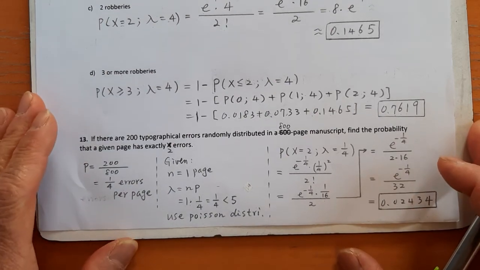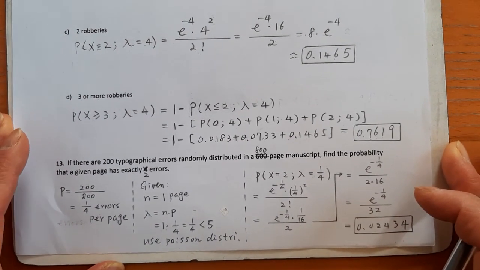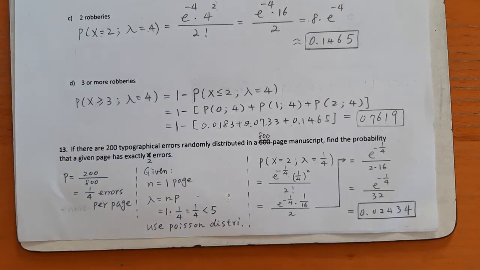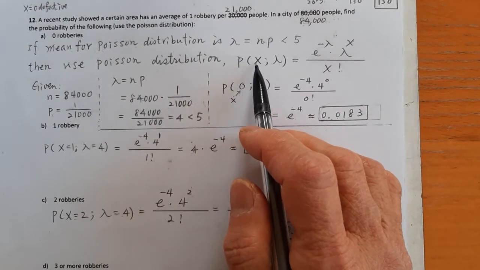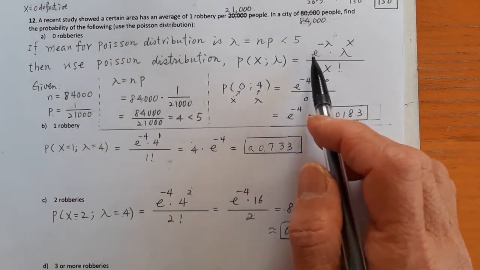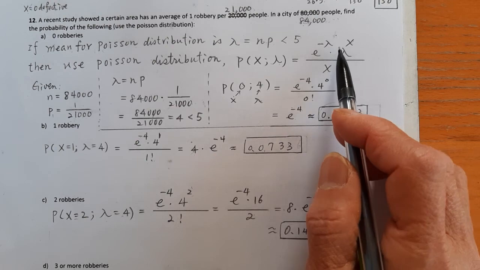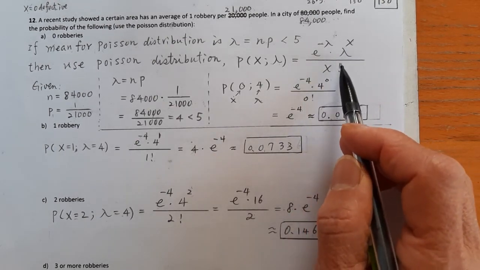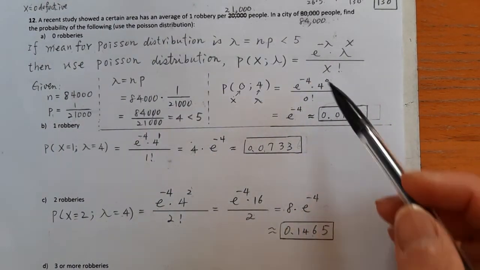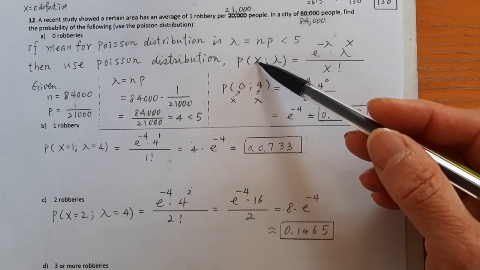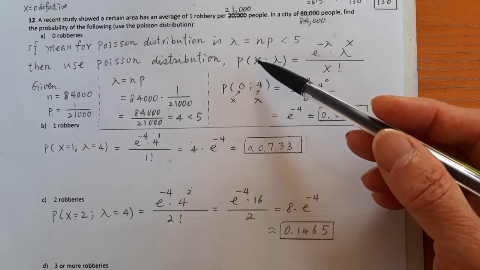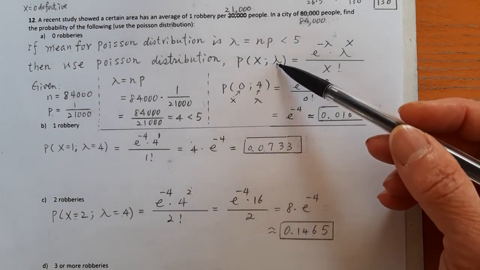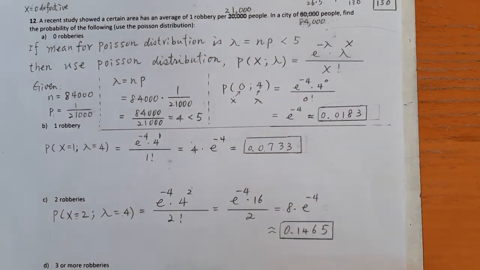So the Poisson distribution formula: P of x, lambda equals e to the power negative lambda times lambda to the power x over x factorial. Plug in: x is 2 because 2 errors, and lambda is 1/4.